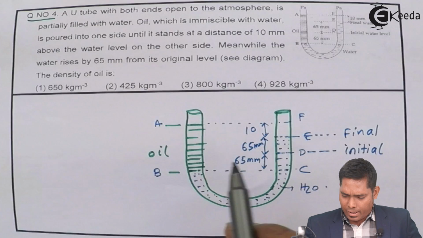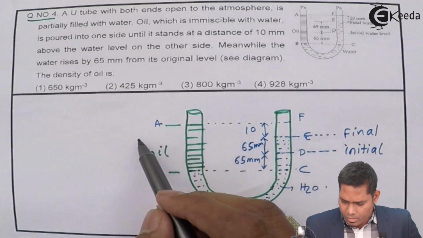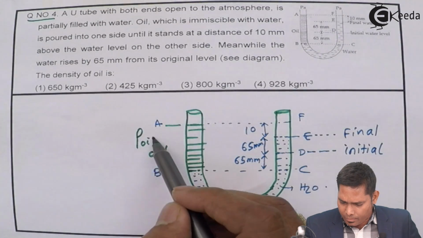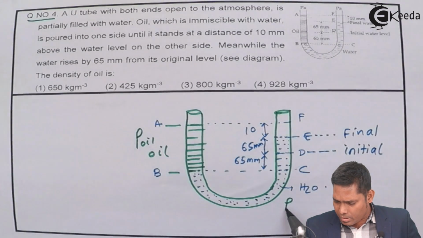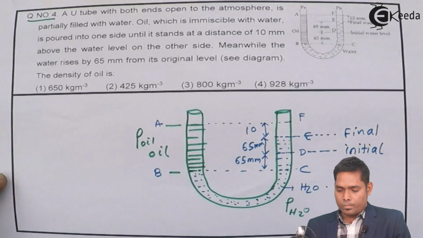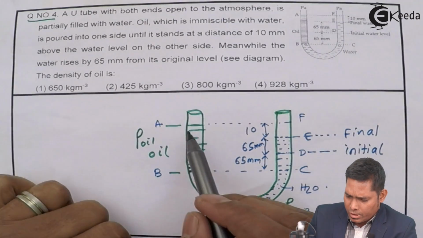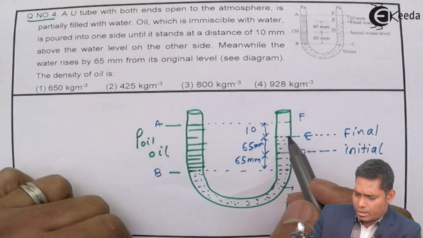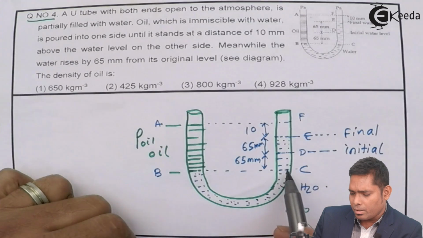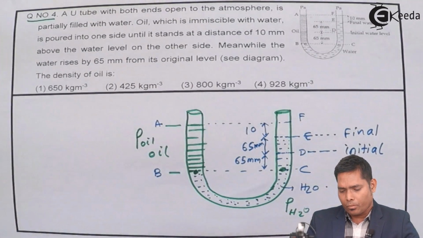The density of oil, suppose that the density of the oil is rho oil, and the density of water, I'll write density of water, rho H2O. Now, if this is the equilibrium that is obtained, then we know that at the same level the pressure is the same. So pressure at B here and the pressure at C here must be the same.